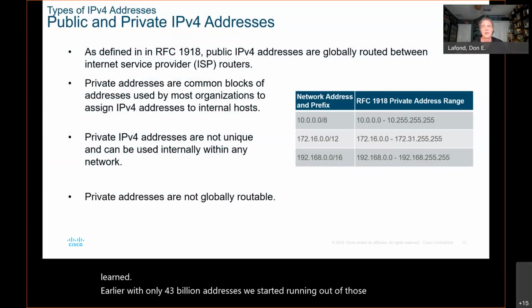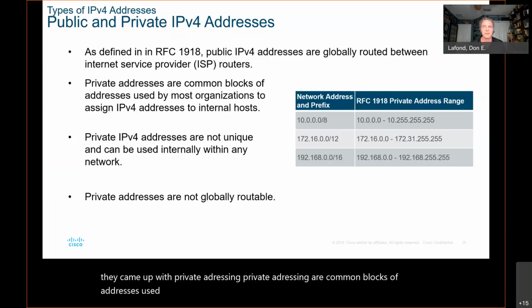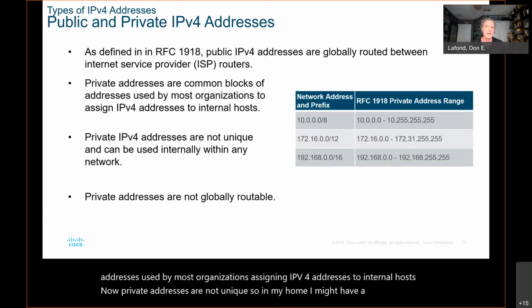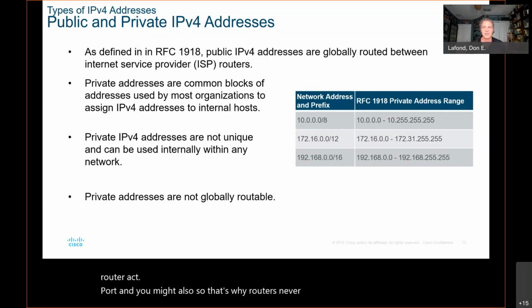Private addressing are common blocks of addresses used by most organizations assigning IPv4 addresses to internal hosts. Now, private addresses are not unique. So in my home, I might have a 192.168.0.1 router port, and you might also. So that's why routers never pass these private IPv4 addresses.